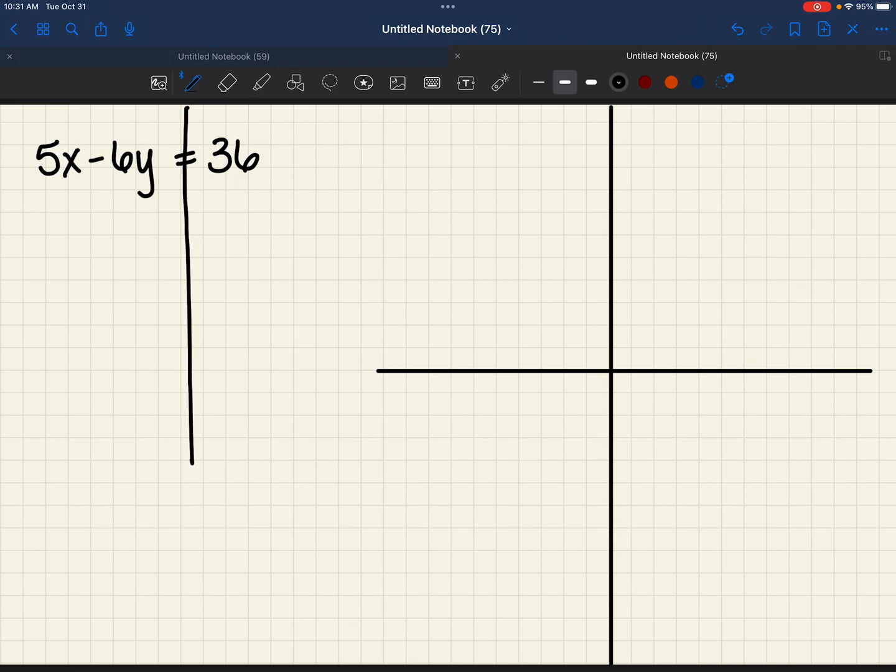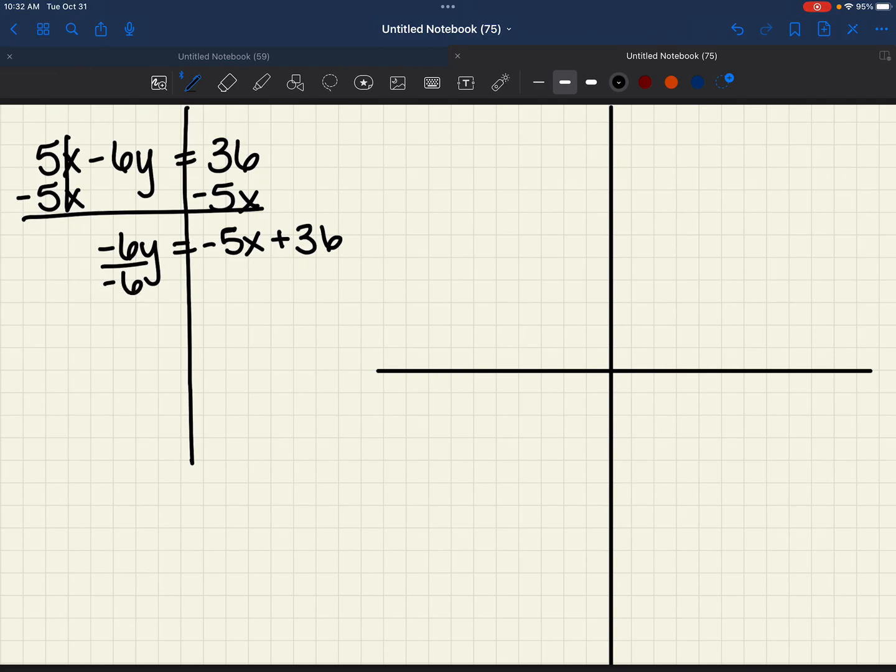You just told me you could do it. What do I move first? Okay, how do I move it over to the other side? Okay, so I subtract 5x from both sides. What are you left with on the left side? Are you sure? Negative 6y equal to what? Negative 5x plus 36. Okay, what's your last step, Jordy? What's our last step almost every time, you guys?